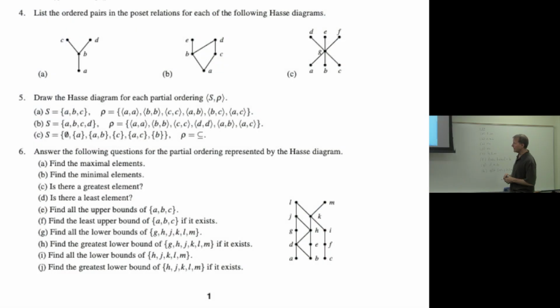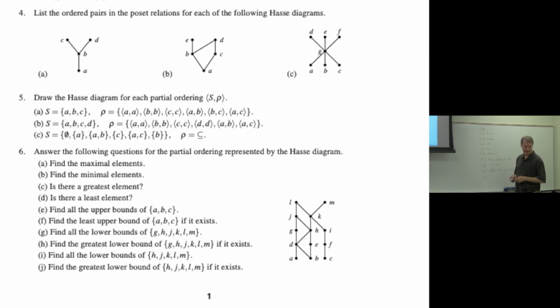Find all the lower bounds of HJKLM. All the lower bounds. HJ. Doesn't H count as a lower bound? Oh, good point. It can be in the set. And it is. So what are they?